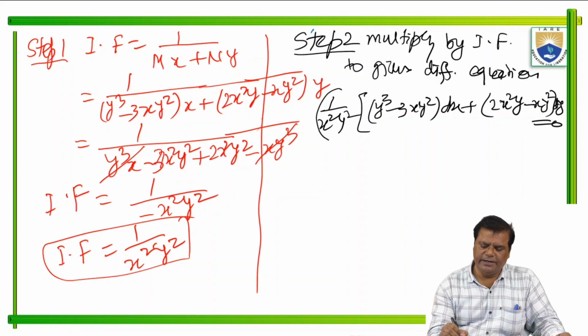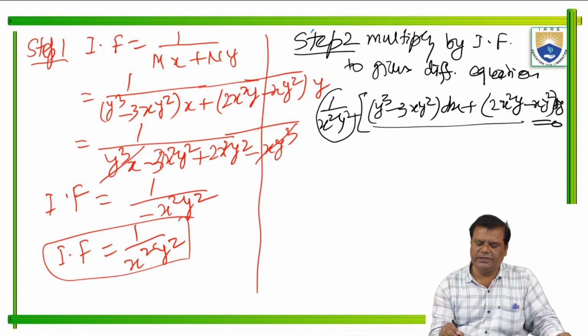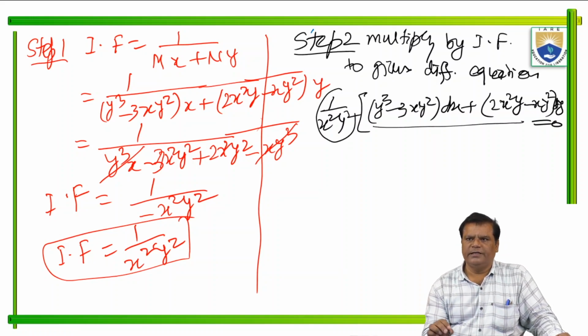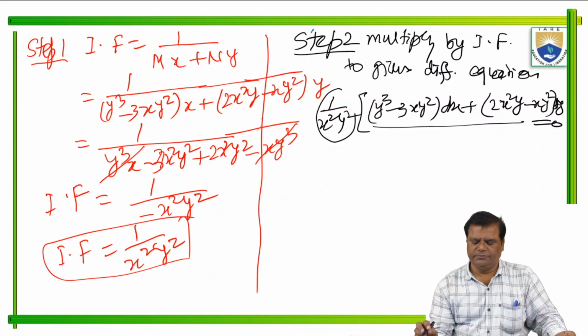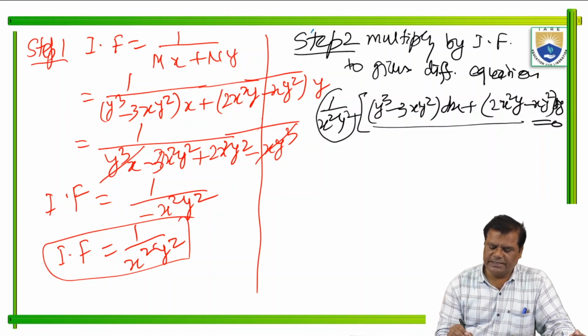So this is an integrating factor. We multiply this differential equation by this factor, then it becomes exact. So how does it become exact? We are making it exact.